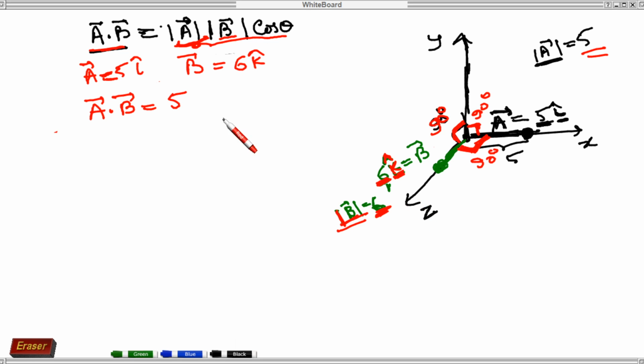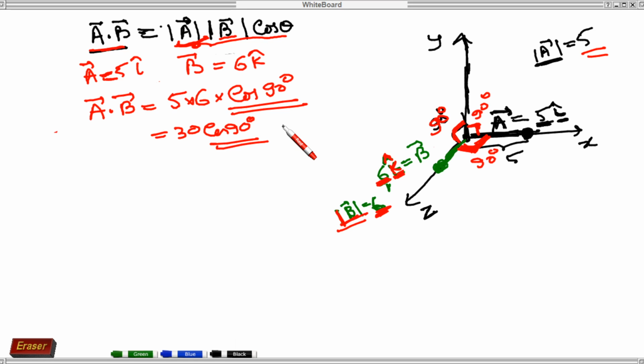That is 6 here, so I will be writing 6. And what is this cos? What is the angle between them? 90 degrees, so cos 90 degrees. And we know that cos 0 is 1, but at 90 degrees it's 0.